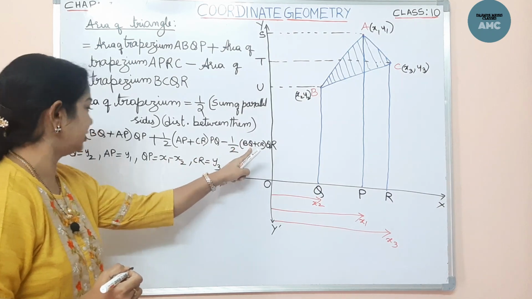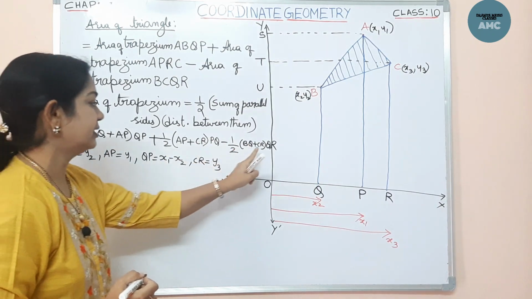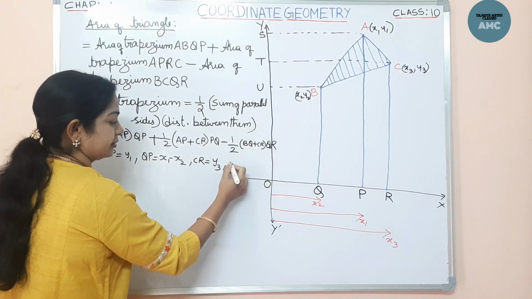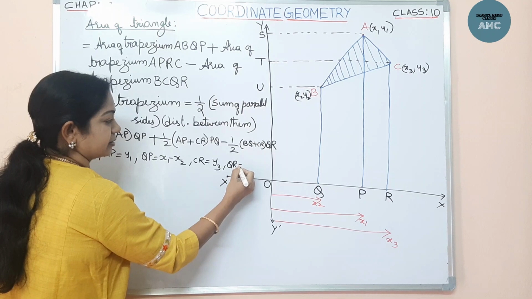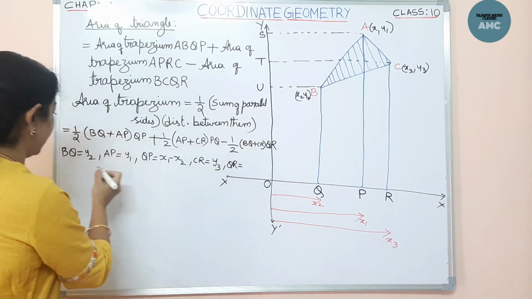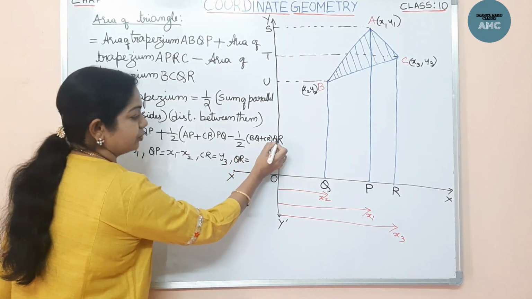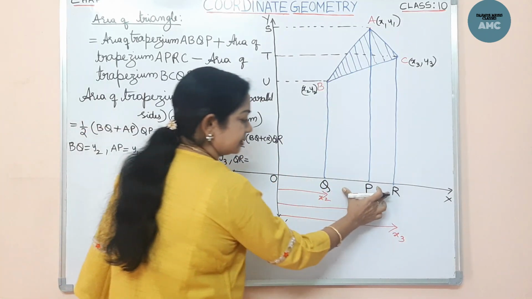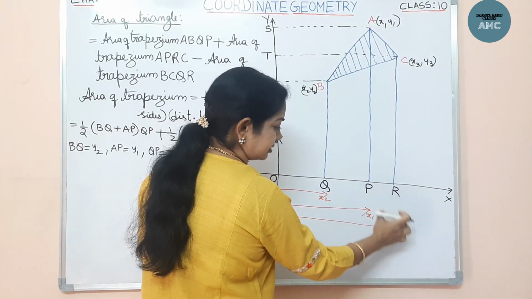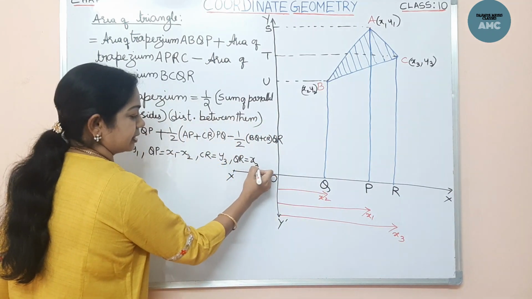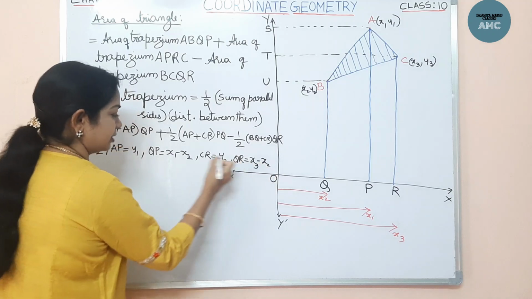Now BQ and CR are already there, now only QR I want. This part QR comes from X3 minus X2. So all the terms have come.